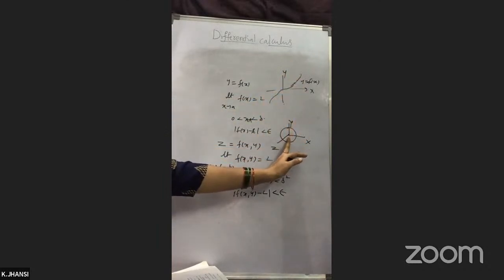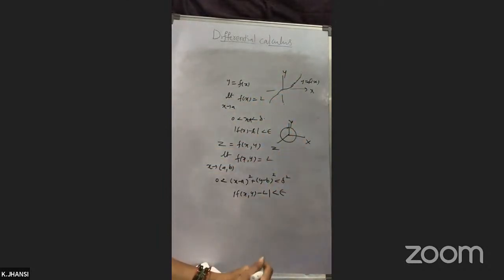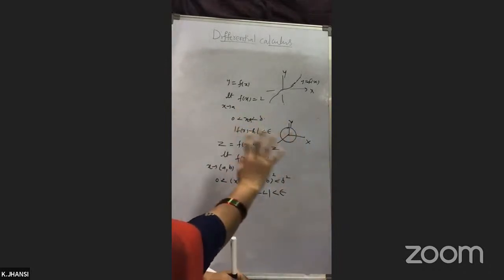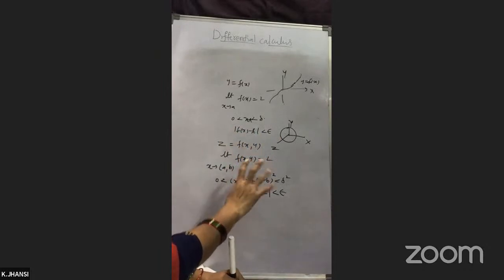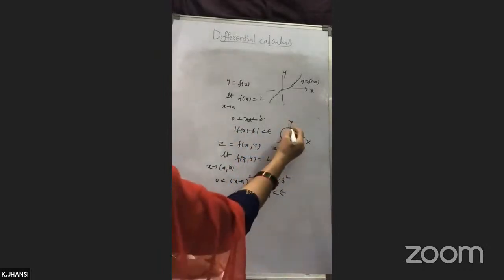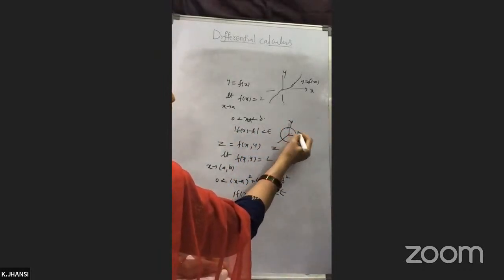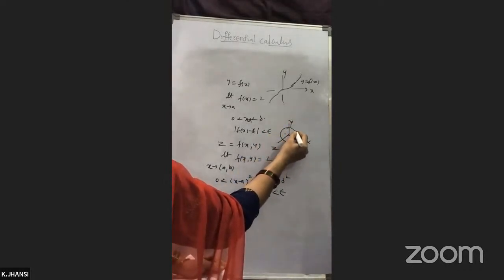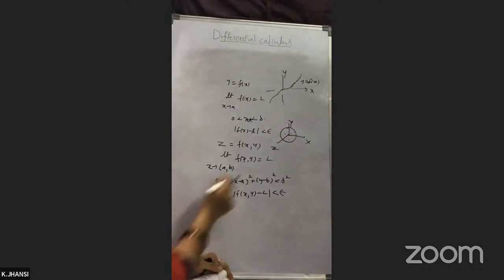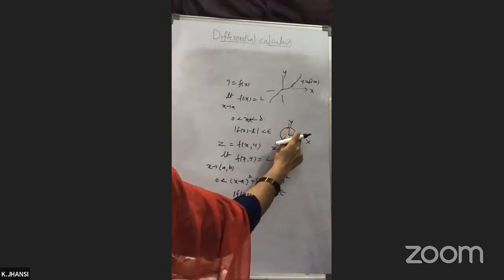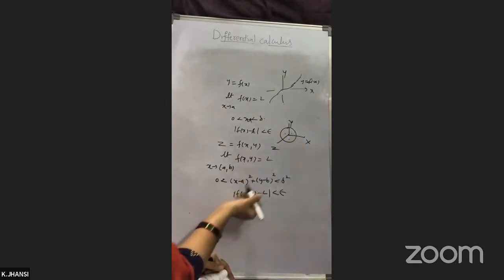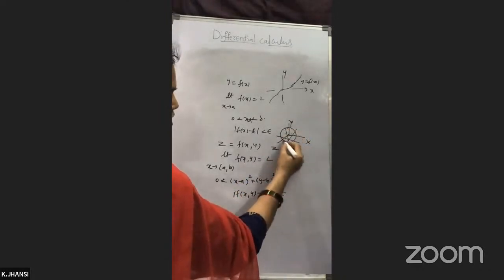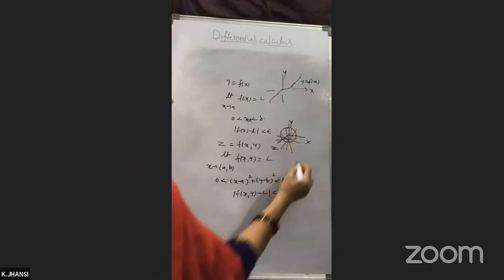Here whenever two variables are there, the graph gives you a surface, meaning any three-dimensional figure you can get. In any three-dimensional figure, if you take any point anywhere on it, to reach this point you have an infinite number of ways, infinite number of ways like this.